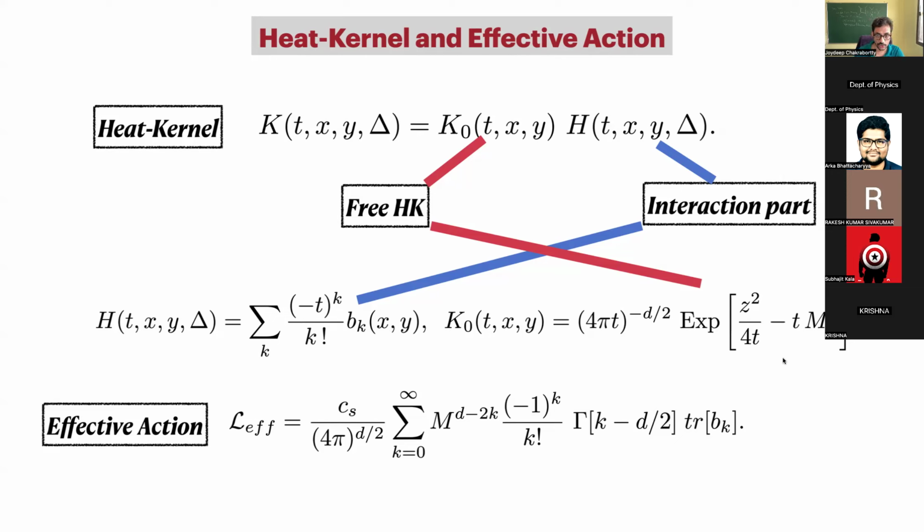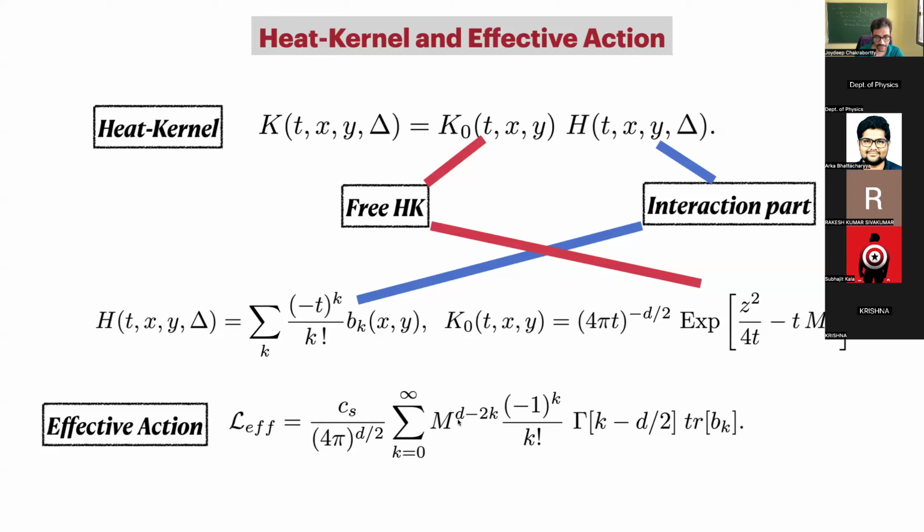Once you glue that part, you can write down the effective action in this particular form. These B_k are called the heat kernel coefficients, and this mass is the mass of the heavy particle. Very interestingly, from k equal to 3 onwards you get the effective operators, which is what you expect.